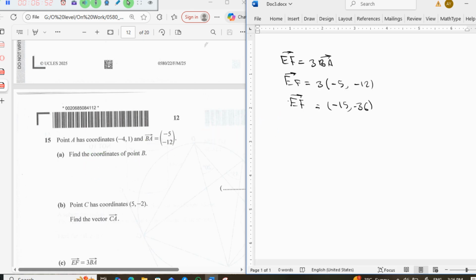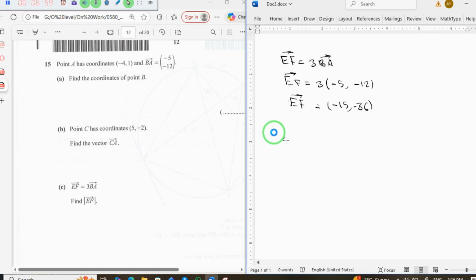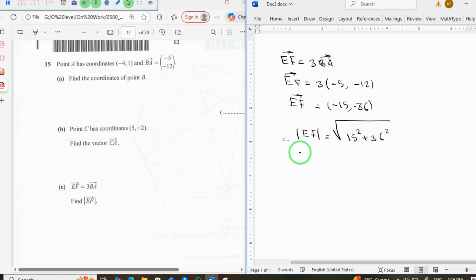And also the question asks us to find the magnitude or absolute value of EF. So the magnitude or absolute value of EF is equal to the square root of 15 squared plus 36 squared. Here we can write EF is equal to the square root of 15 squared, 225, plus 36 squared.